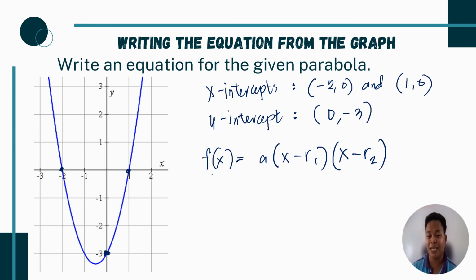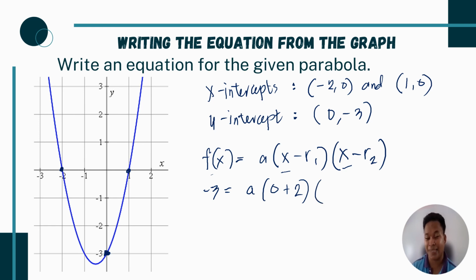Since f of x is equal to y, we're going to use this y-intercept, and we're going to let x equal to 0. So we have negative 3 is equal to a, 0, and since r sub 1 is negative 2, so magiging positive 2 po siya dito, since minus po ito.